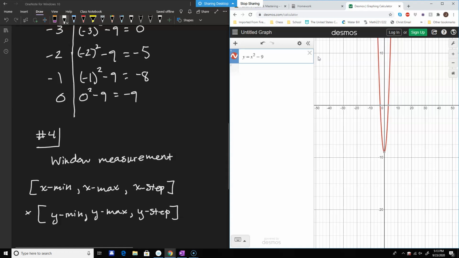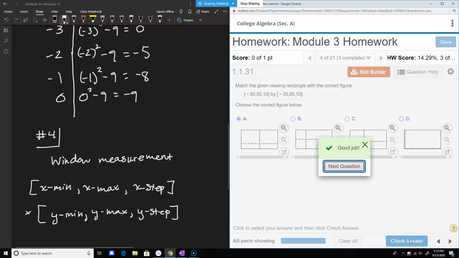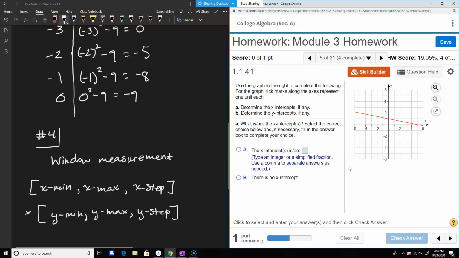All right, so back to the next problem. Okay, so this one's pretty straightforward. X-intercepts just means where is it hitting the x-axis, and y-intercepts means where is it hitting the y-axis, right? So we're looking at this graph here. It first asks us where are the x-intercepts.